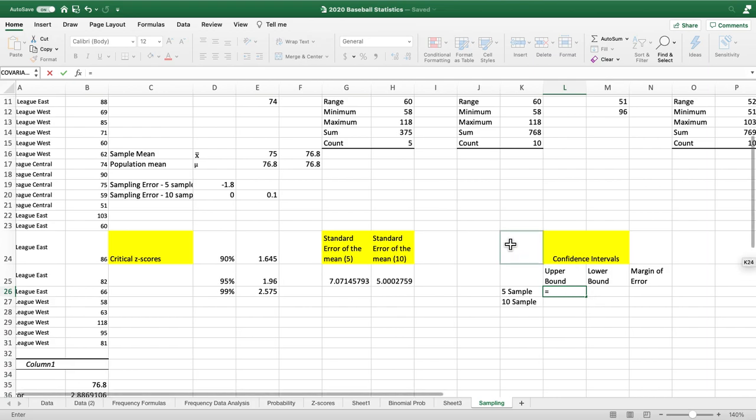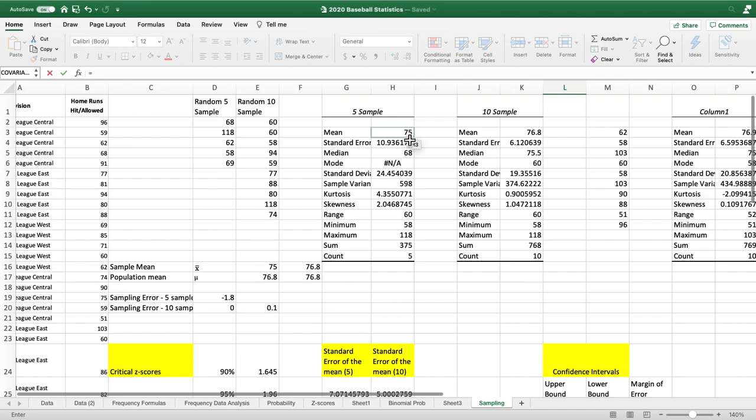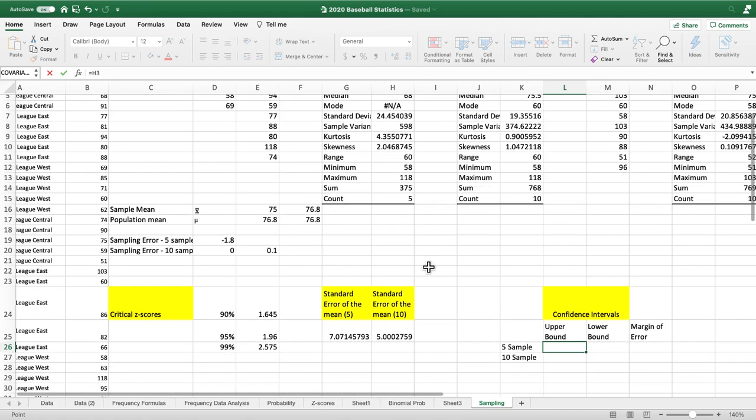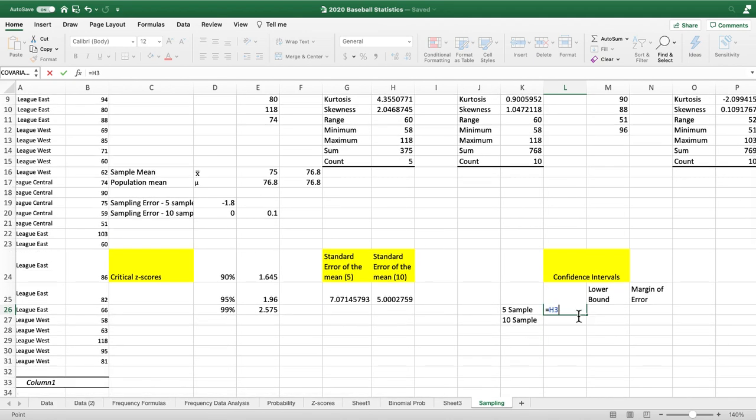When we go back to our 5 sample, our mean is 75, so H3. Then we want to add onto that our critical z-score, and we're looking at a confidence interval of 95%, so we want that 1.96.